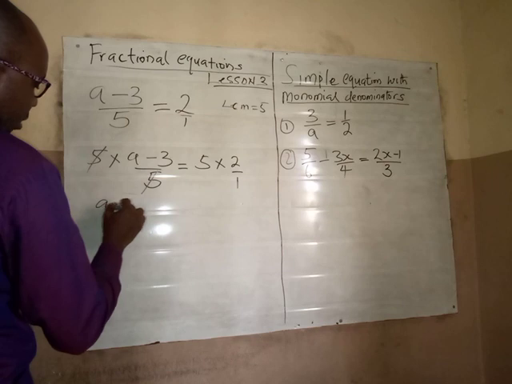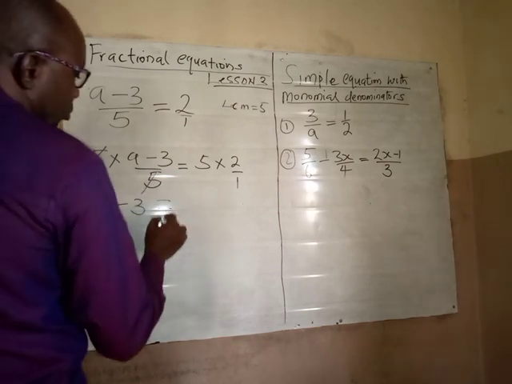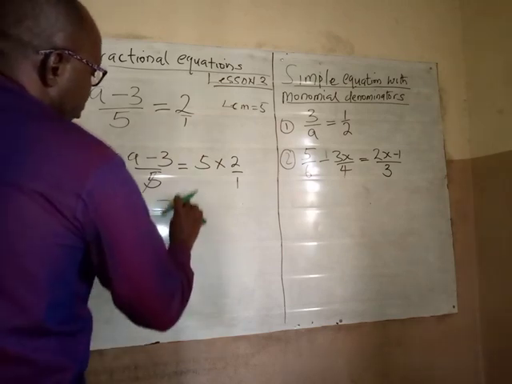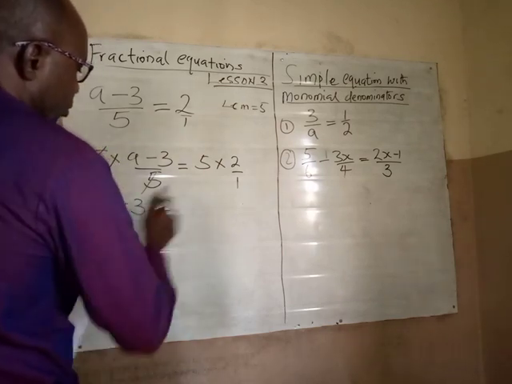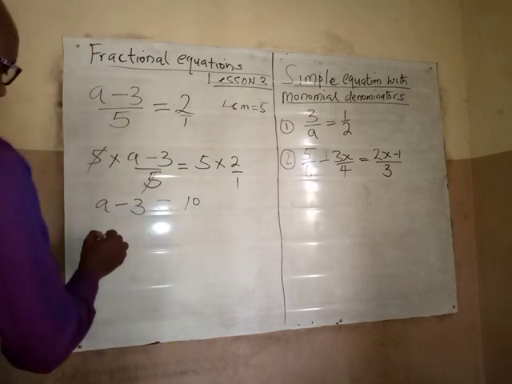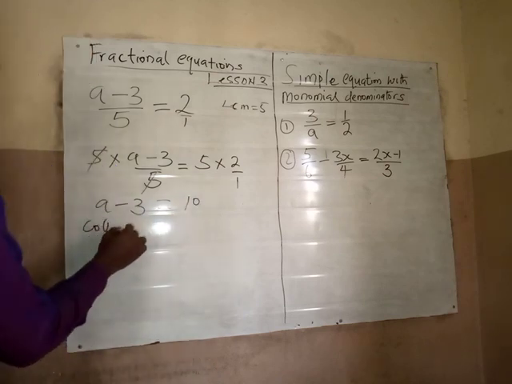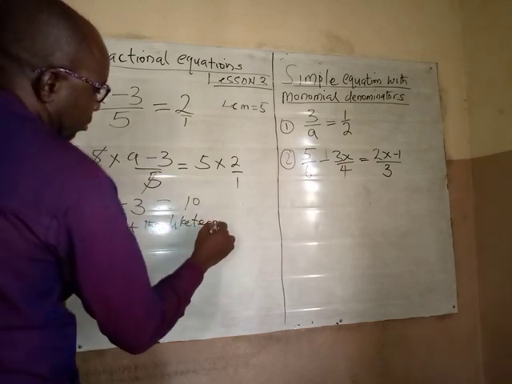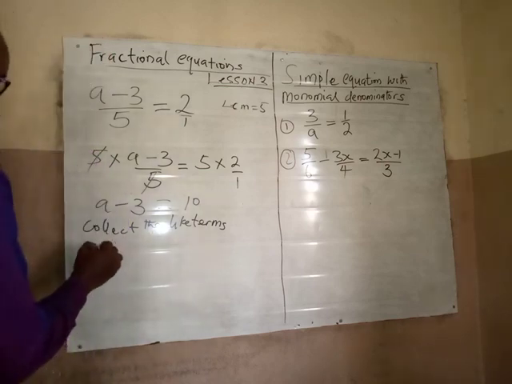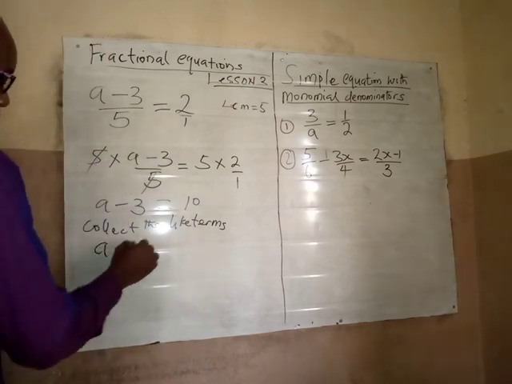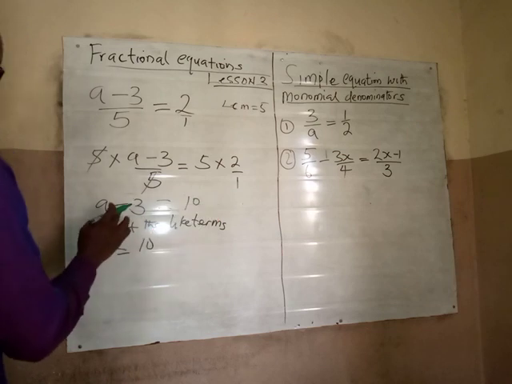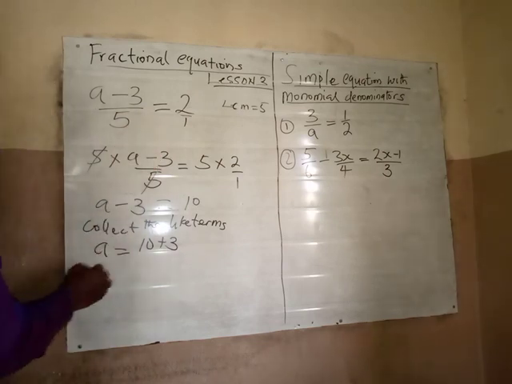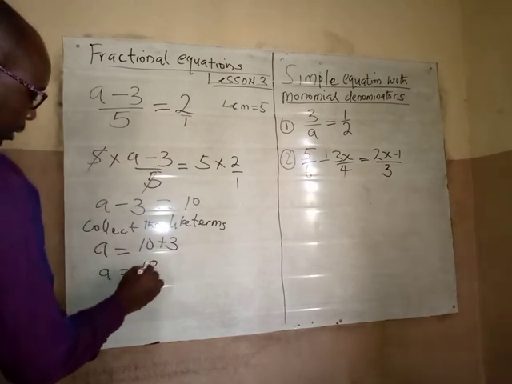We are left with a minus 3 equals 5 times 2, which is 10. So you collect the like terms: a equals 10, and the minus 3 crossing the equation becomes plus 3. So a equals 13.